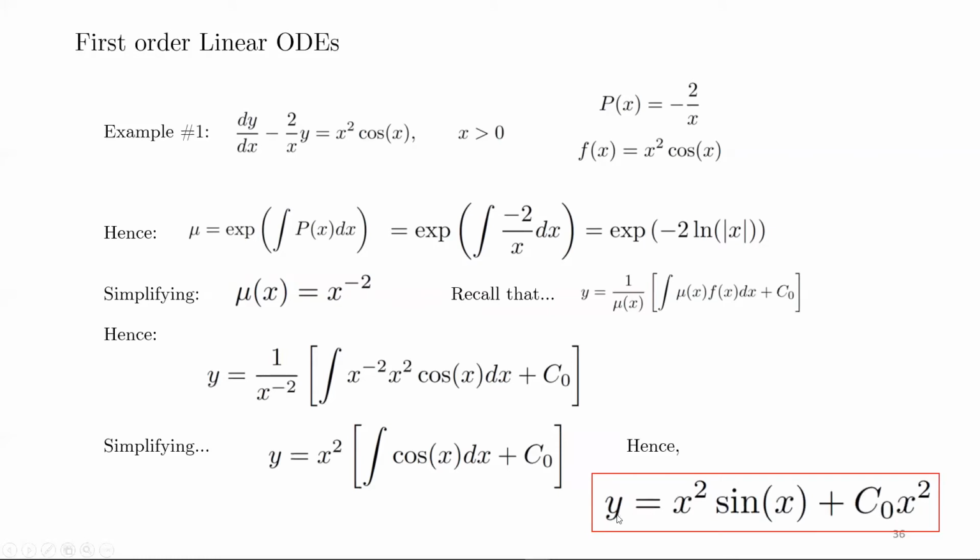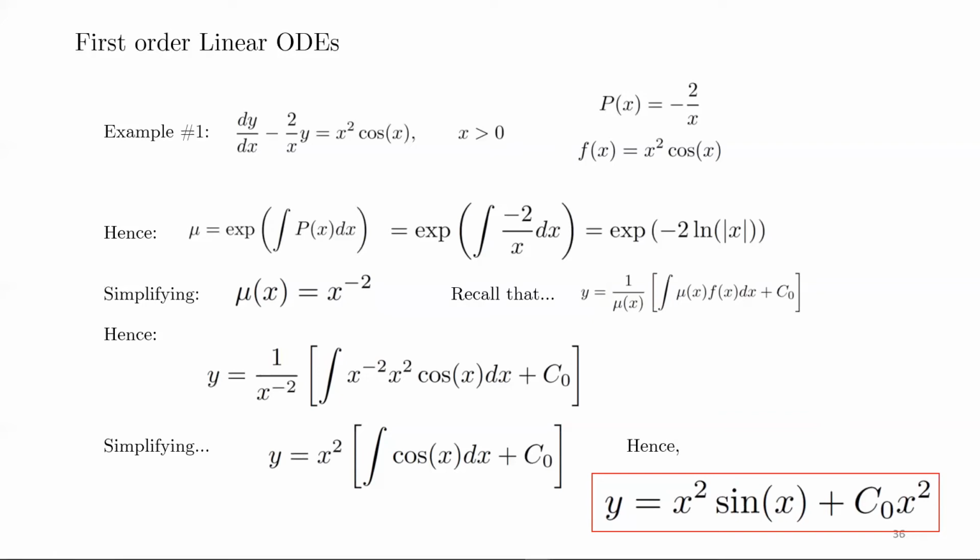So we get y is equal to x squared times sine of x plus x squared times the integration constant. We must include the integration constant because there is an x squared reliance on that integration constant here. So congratulations, we've now solved our first order linear ODE using the integration factor method.